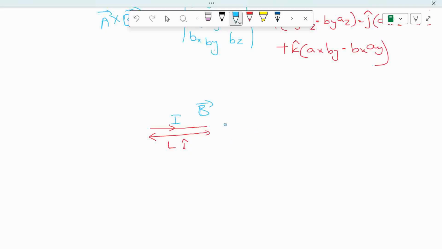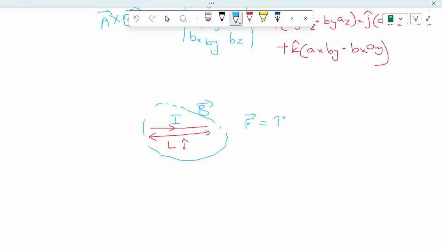Now, when it is placed in the magnetic field, the conductor will experience a force. The force which it experiences will be perpendicular to this current direction and the magnetic flux density direction. Effect will be perpendicular to both. That's the reason we do the cross product.